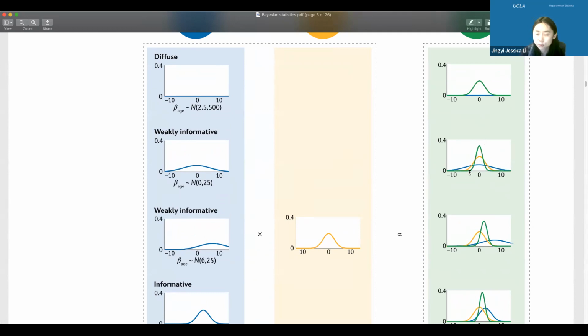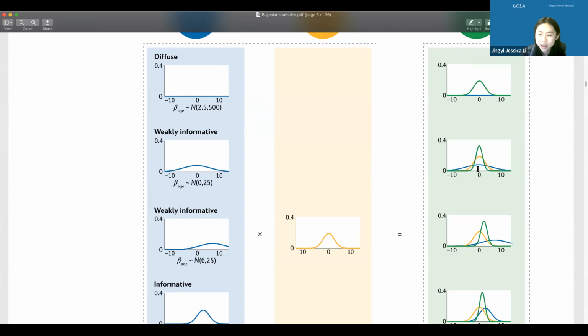But you see the spread or the variance of the posterior is now smaller than the likelihood. The reason is that even though the weakly informative prior is not that informative, it's still better than not knowing anything. So it still helps us shrink the variance a little bit in the posterior compared to the likelihood.